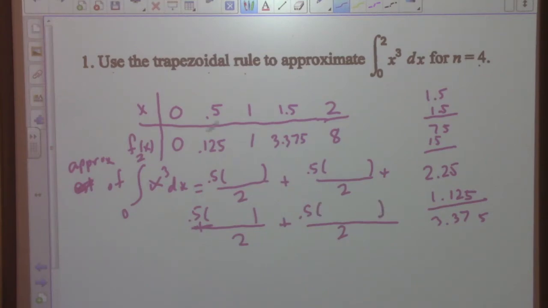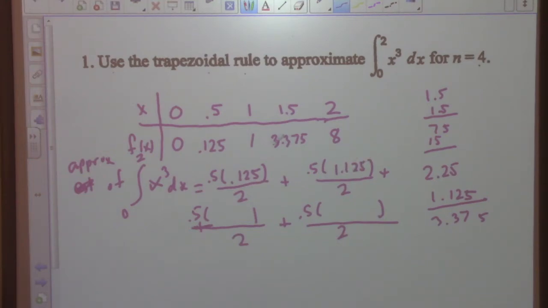And what's going to go on the inside here? 0 plus 0 is 0, then 0 plus 0.125, so 0.125, right?